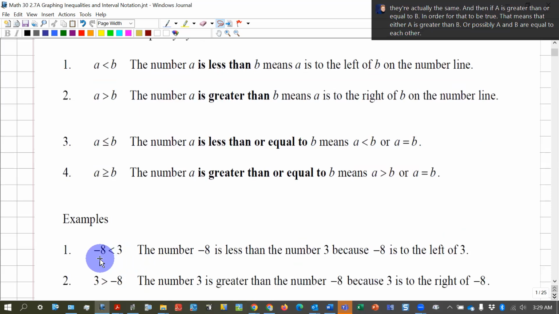So -8 is less than 3 because -8 is to the left of 3. And likewise, 3 is greater than -8 because 3 is to the right of -8.